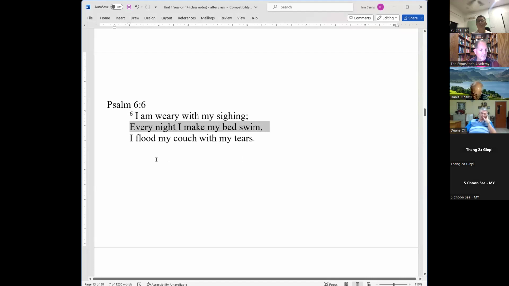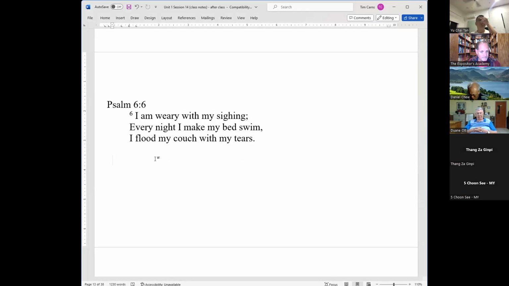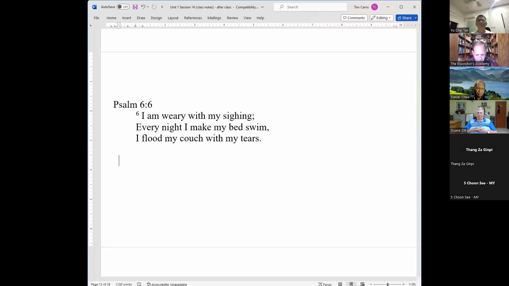What figures of speech do you see here? Let me pull up the figures of speech so you can see those next to it.